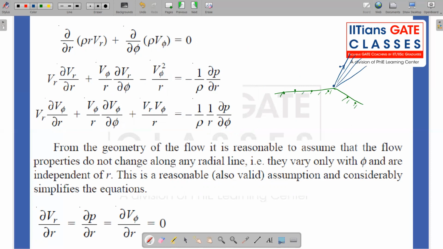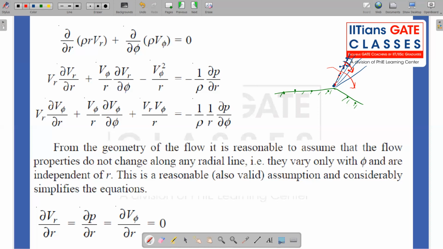From this point to this point, if you measure at any point, the properties will not change along the radial line, whereas they change in the phi direction. Let me call this my phi direction. In this direction, flow properties change, but in this direction, nothing changes. That is the assumption we are going to take. It is a safe assumption because we can easily sense that nothing changes in the radial direction, whereas when the flow passes through the gradual corner, the properties will change in this direction. That's the assumption we are going to take, and it's actually valid.